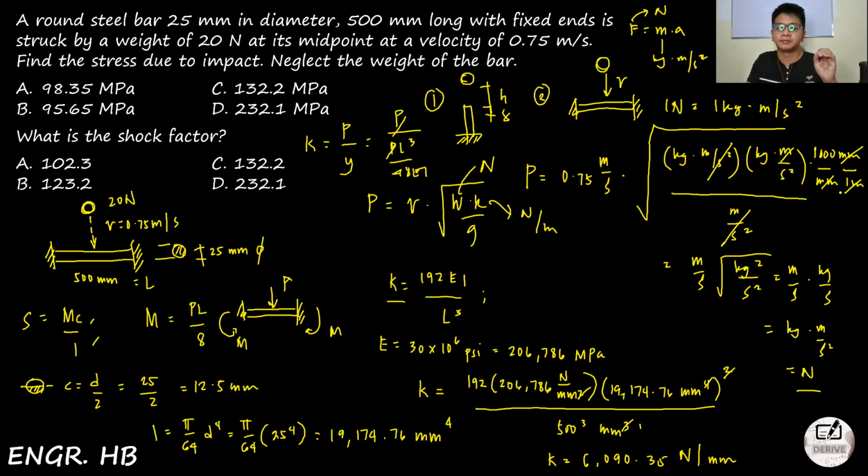Pero kung Newton per mm si K mo, it should be multiplied by 1,000 inside. Pero mamaya natin gawin yon. So, ang gravity should be in meters per second squared. So, alam mo na yan, matik na yan. Pag sinunod mo lang unit analysis na yan, convert mo lahat dyan muna at huwag ka na mag-unit analysis sa dulo. So, everything is on right track. So, burahin ko lang to guys.